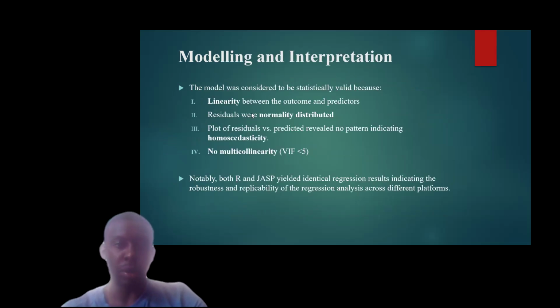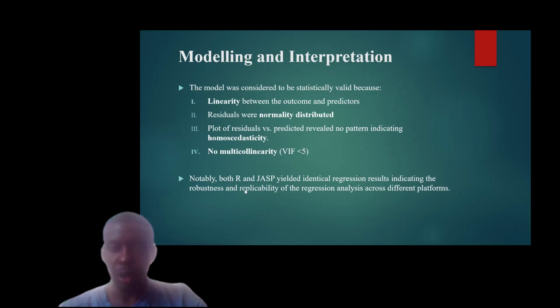The model was considered statistically valid because of the linearity between the outcome and the predictors. Residuals were normally distributed. The plot of residuals versus predictors revealed no pattern, indicating homoscedasticity, and no multicollinearity, with VIF not greater than 5.